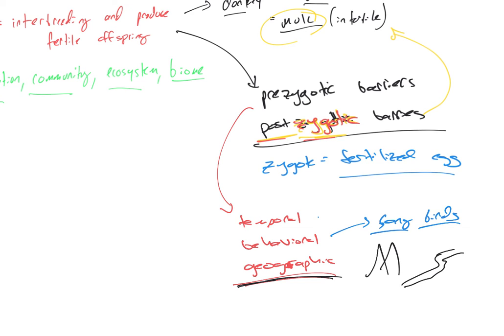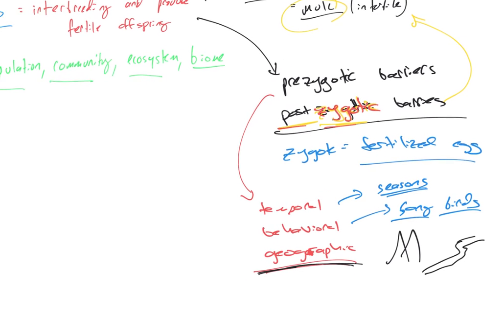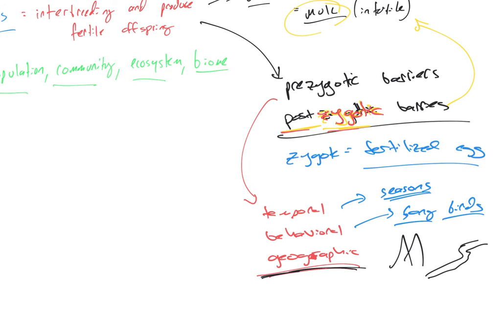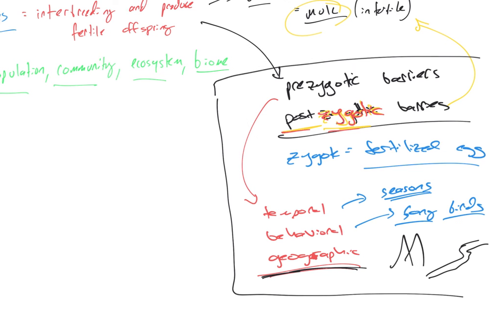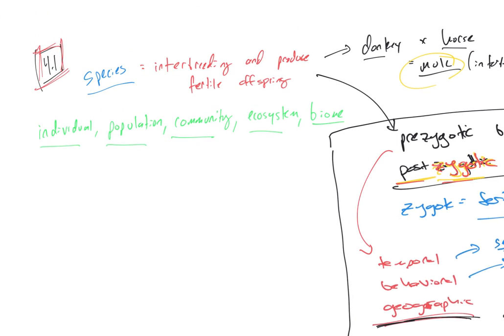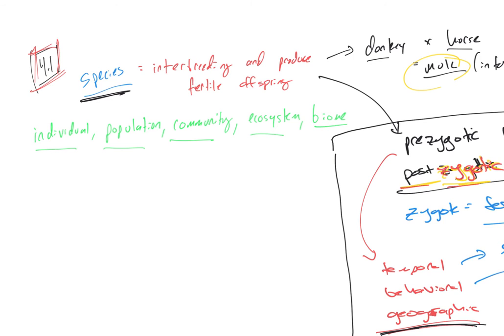And then there is temporal, which would be like seasons. So flowers only blossom at certain times of the year. So all of these are barriers that keep species from interbreeding. So the definition of species is a population of interbreeding organisms that produce fertile offspring.